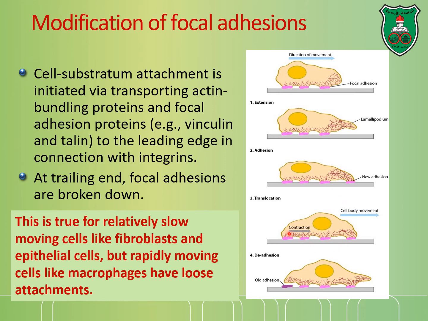You have detachment of cells from the other end, from the tail, and you have the actin microfilaments retracting or moving forward. Okay, so these are basically the steps of movement, and this is true for slow moving cells like fibroblasts. But when we're talking about macrophages, for example, moving, they have loose attachment. They do not form these focal adhesions, by the way.